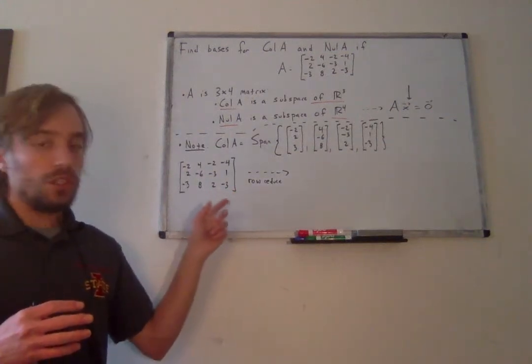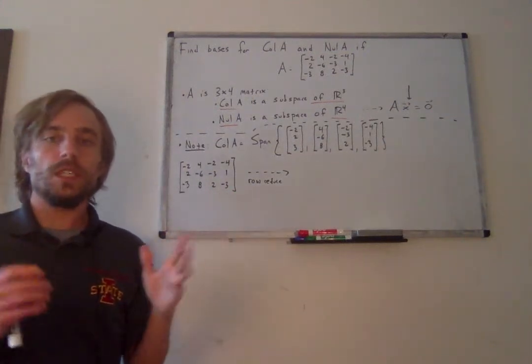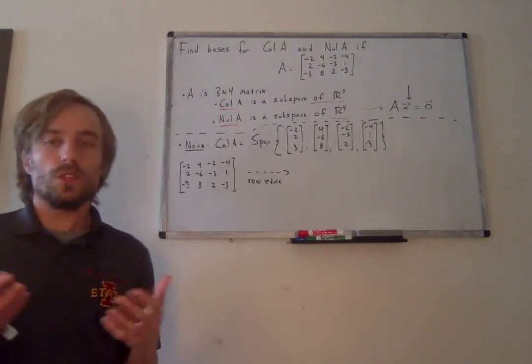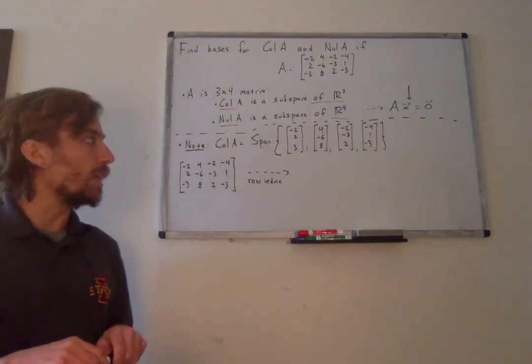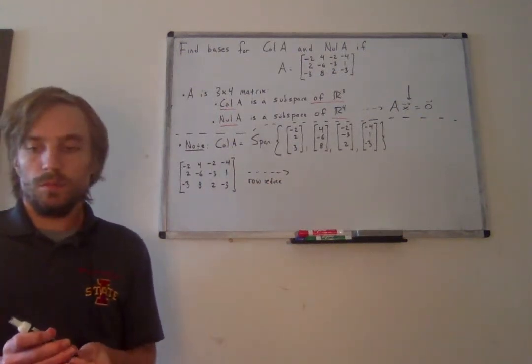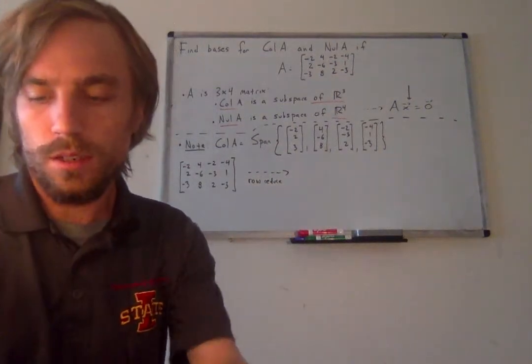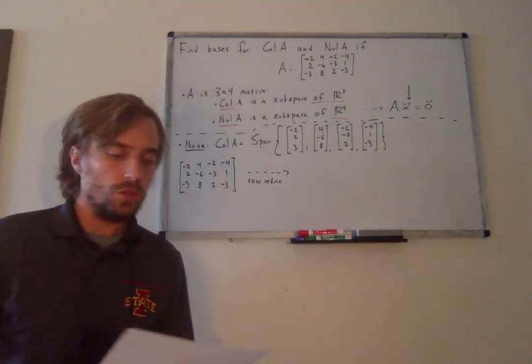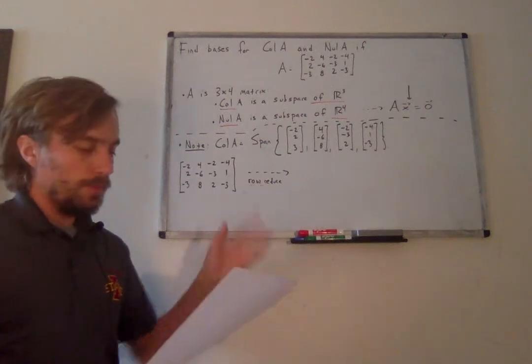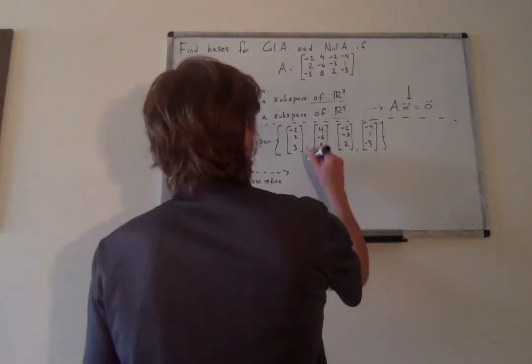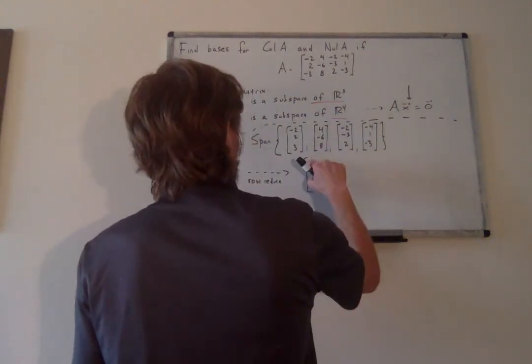Certainly if you have any questions about the row reducing steps, I'm happy to answer them. But at this point, it's assumed that we're all comfortable with row reducing, so there'll be times where I still do it when we introduce new things. But for now, if you row reduce this, you get the following matrix.